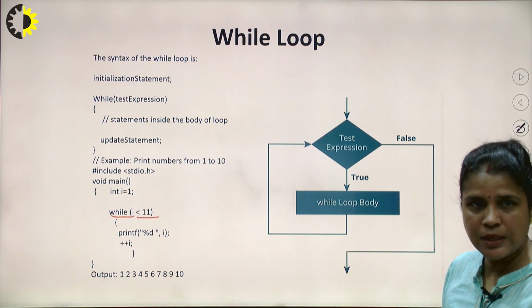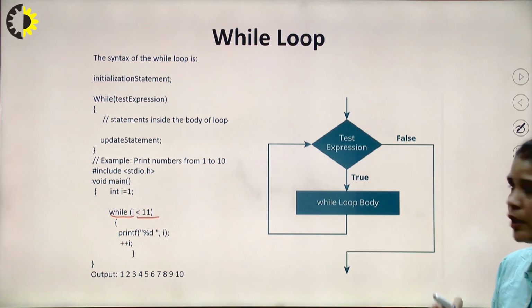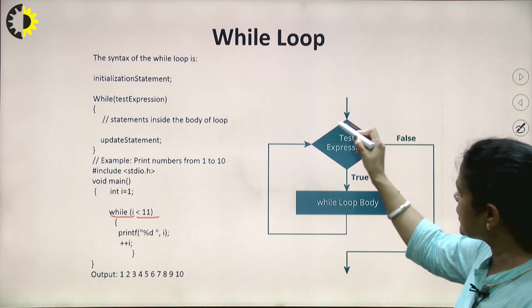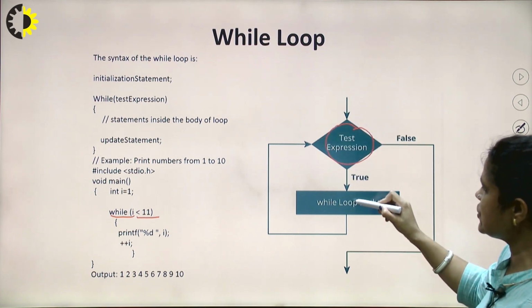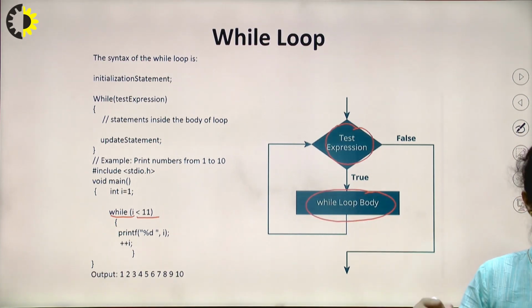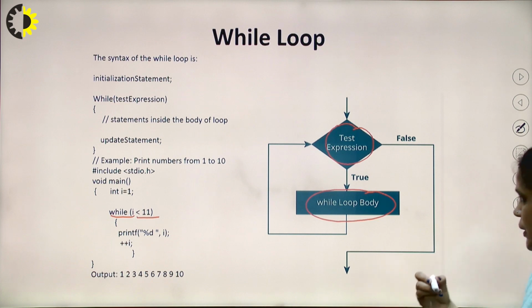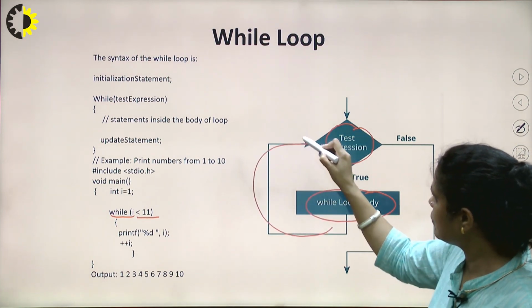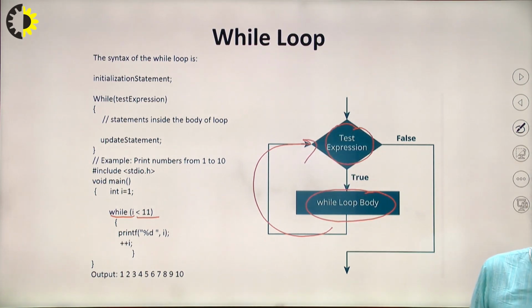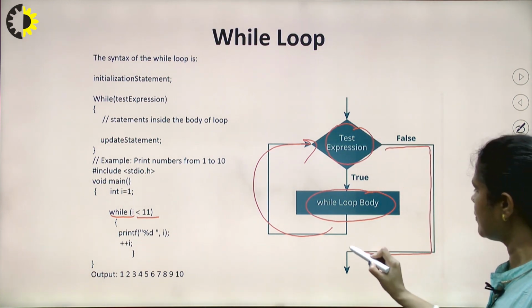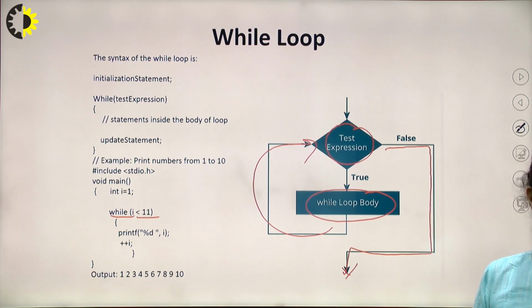Now what is the syntax? What is the flow chart for the while loop? First we can see the flow chart. We'll check the condition. If this condition is true, the compiler's control will come inside the body and the statements inside the body will be executed. And then for the next iteration, we'll check the condition after updation of the counter. If the condition is false, then the compiler's control will come out of the loop body.